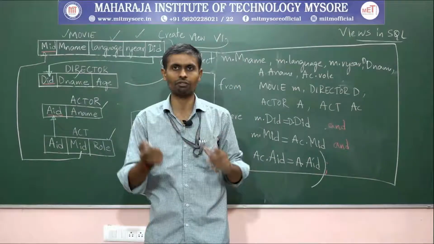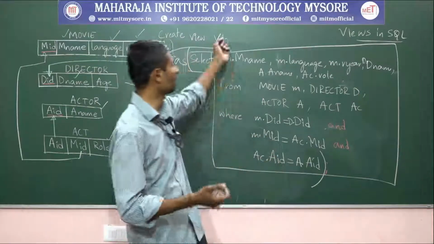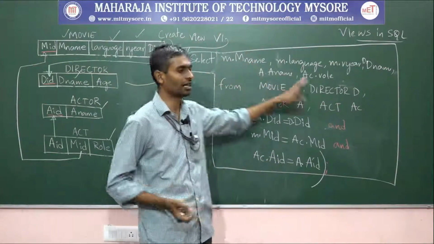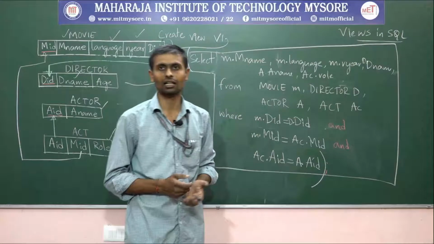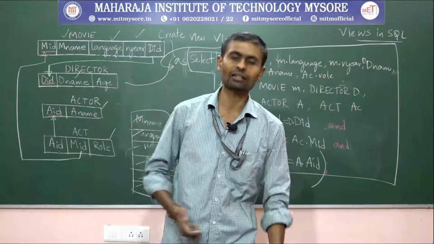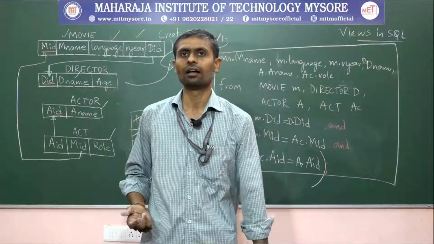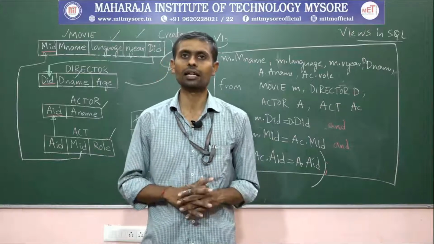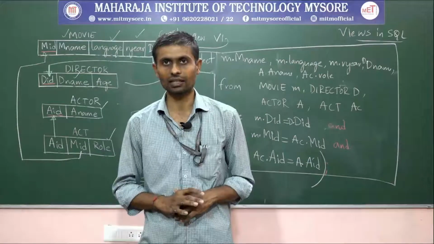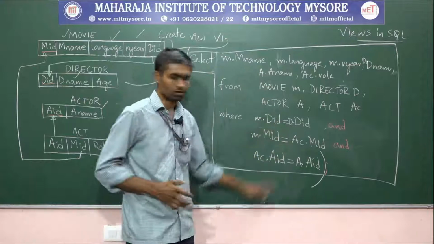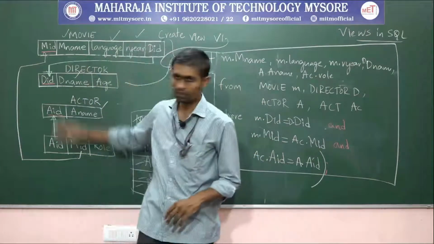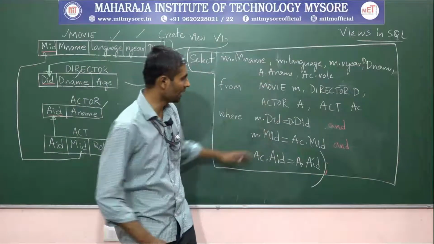Easily I can get select star from V1, that's it, or select M name from V1, select M name comma actor name from V1, those things. Or retrieve all movie details, actor details, director details of all the movies which were released in the year 2020, suppose if it is asked. So what will you do? To solve this query all 4 tables are required, so you will write the whole same query and one more condition.